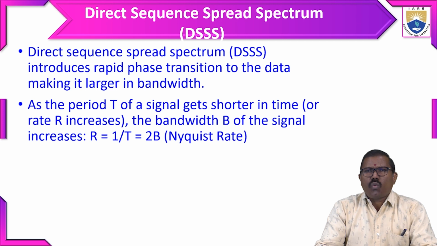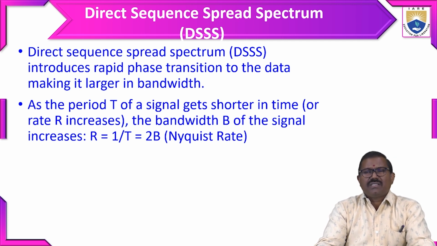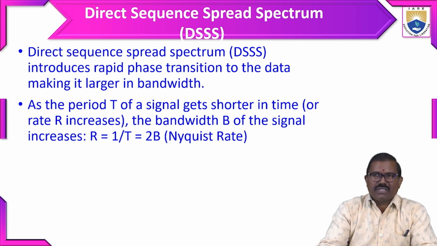So R equal to 1 by T, which is equal to 2B, where B is the bandwidth of the signal. That is the Nyquist rate. Here R is the rate, inversely proportional to the period of time: R equal to 1 by T, the Nyquist rate 2B.